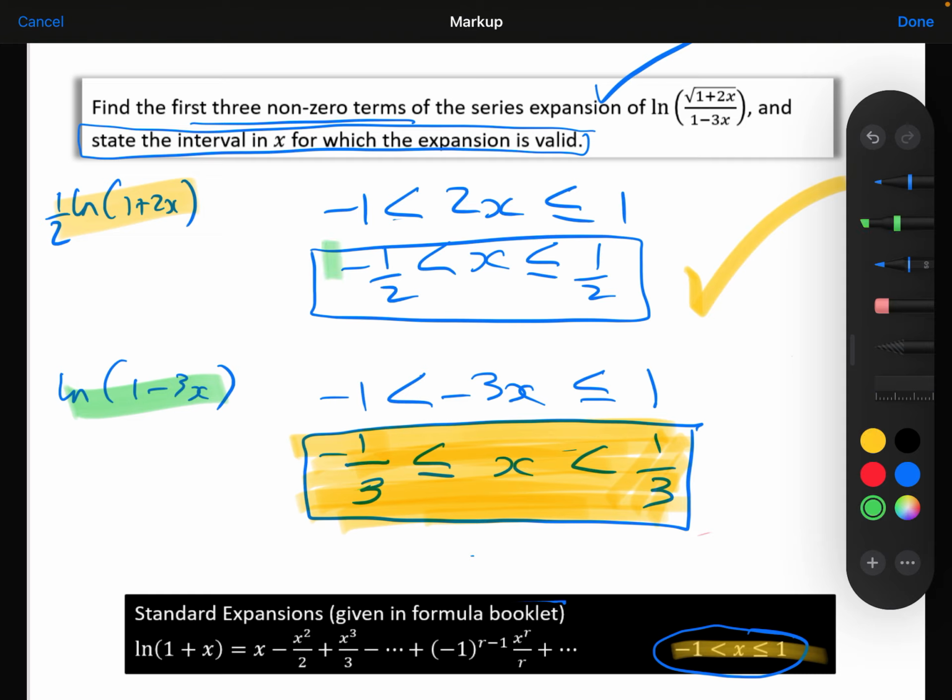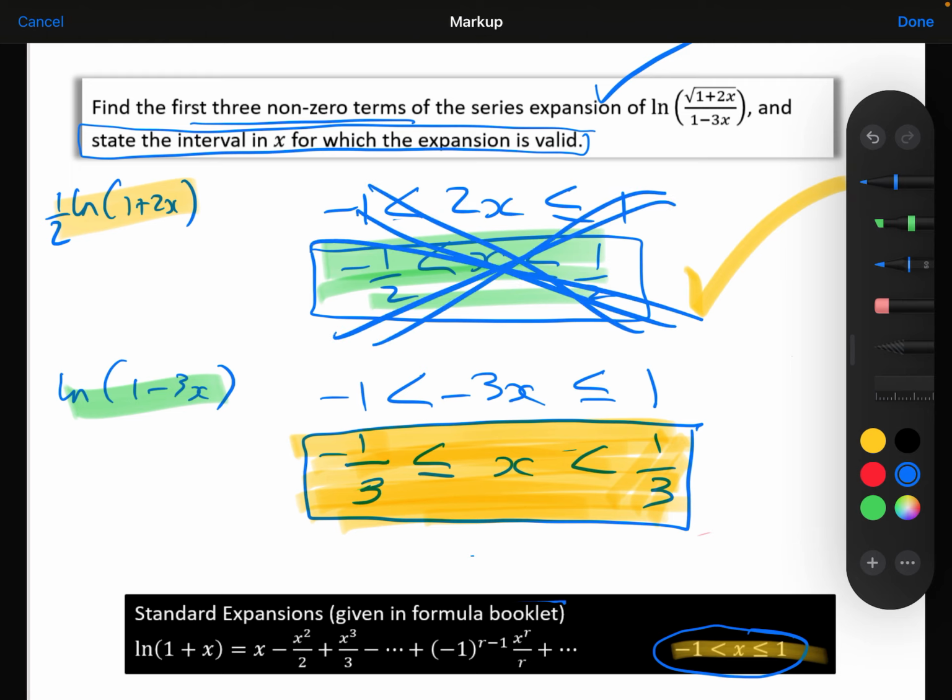If I were to look at the top one, then if x was, for example, 0.4, then the top expansion would be valid, but the bottom expansion would not be. Therefore, the whole expansion would not be, because they both need to be valid. So ignore that and focus on the more restrictive of the two sets of values.